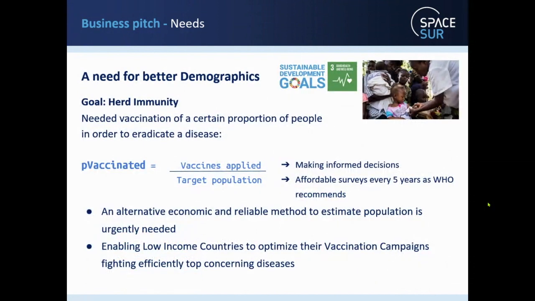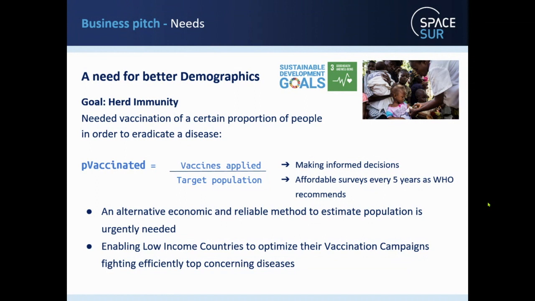One of the most important concepts for defining access to these services is herd immunity, which applies a simple formula: vaccines applied over target population.